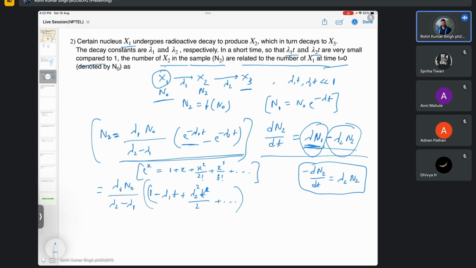But taking the cube term here doesn't matter, because it's given that we are looking at a very short time. So t cubed will give you a very small number, and we are ignoring that. Then we have another expansion for the second term, which is 1 minus lambda 2 t plus lambda 2 square t square by 2.